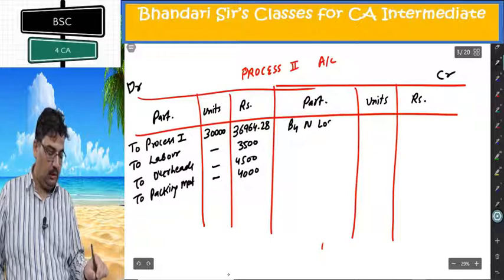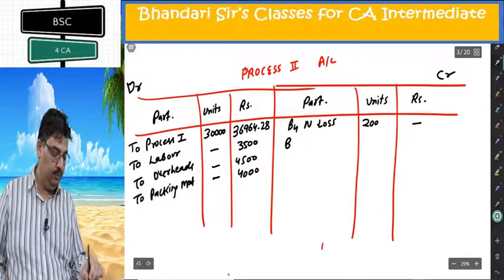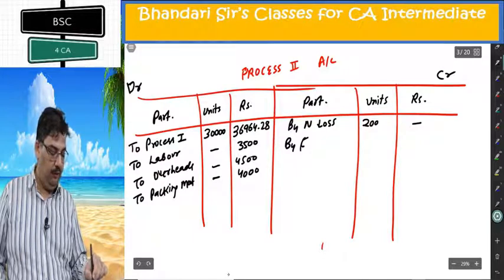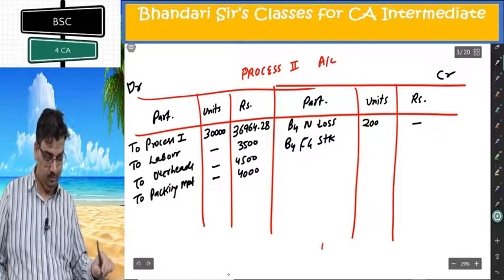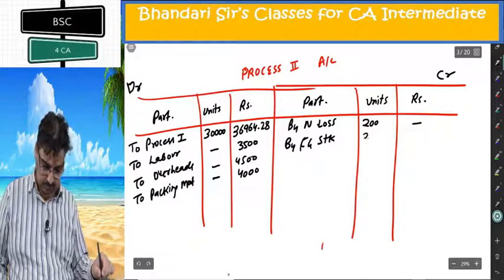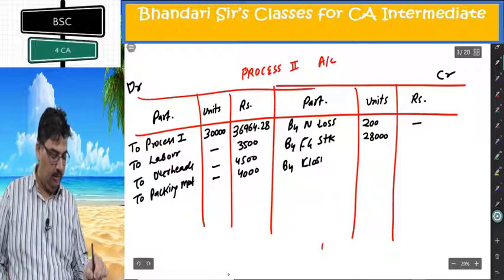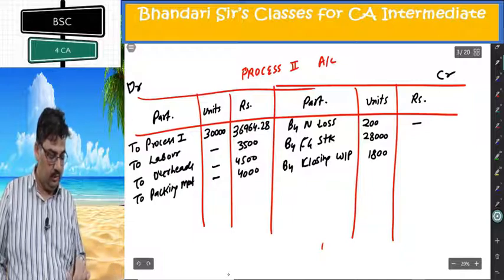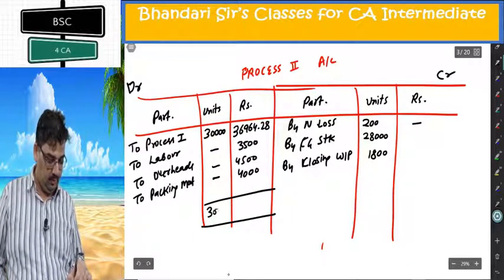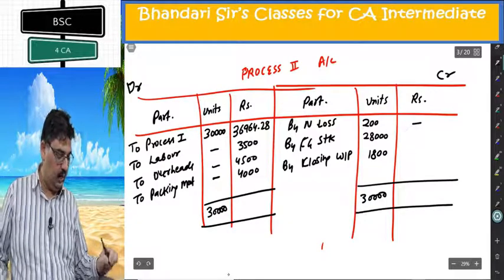By normal loss, 200 units, nil value. By finished goods stock, the units are 28,000. Valuation we have done. By closing WIP, 1,800 units, valuation we have done. 30,000 units are tallied.